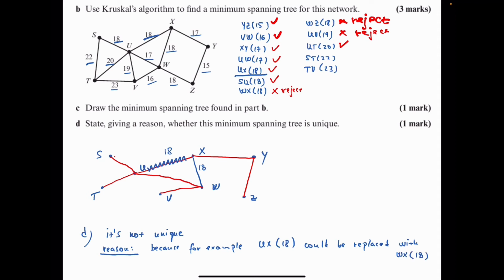We didn't mention the total weight yet: the weight of the minimum spanning tree is equal to the sum of the weights of all the edges that we included. If I'm not mistaken, I got 121, so you can double check.